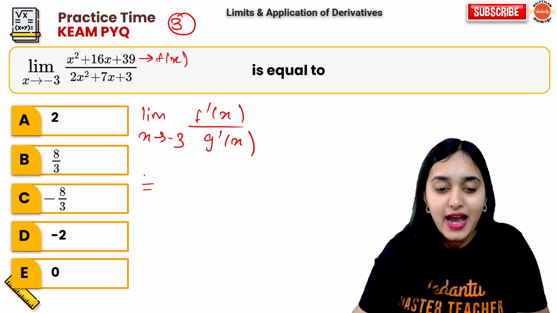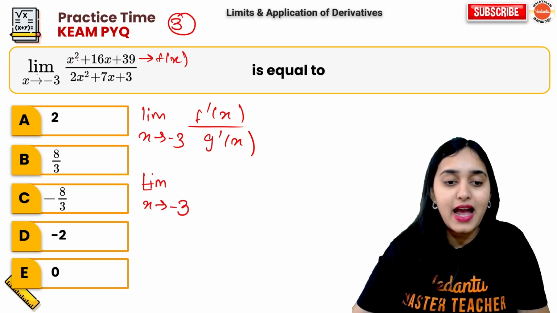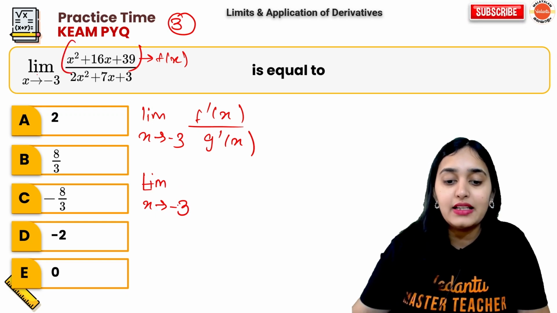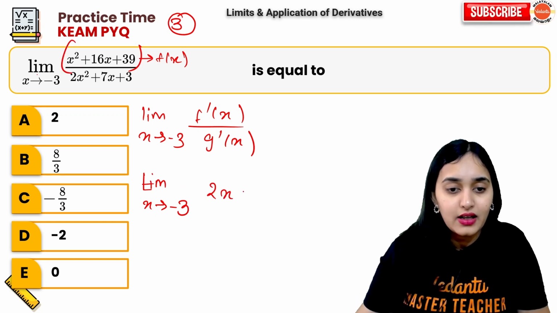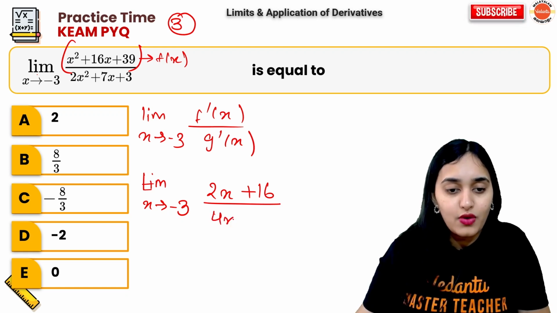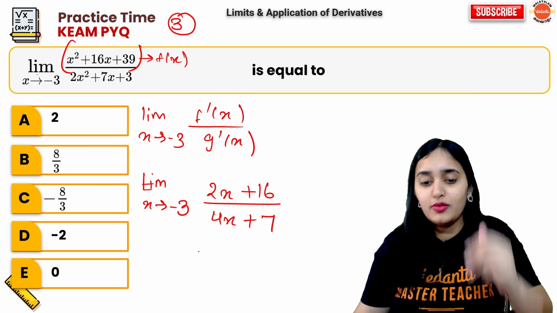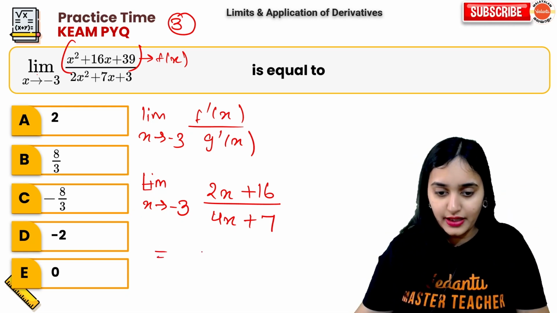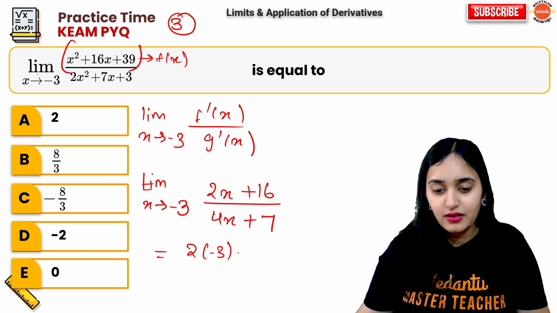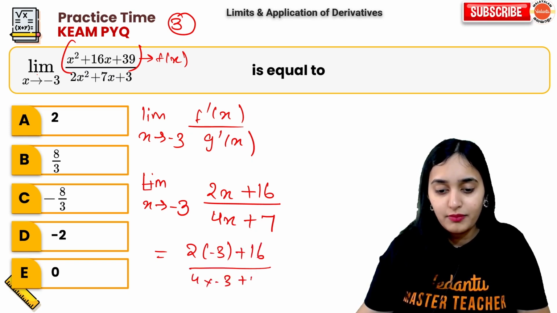So what is f dash of x? Limit x tends to minus 3 f dash. If you differentiate this, what do you get? You get 2x plus 16. Denominator 2 2s are 4x plus 7. Now you put x is equal to minus 3. So you get 2 into minus 3 plus 16 upon 4 into minus 3 plus 7.